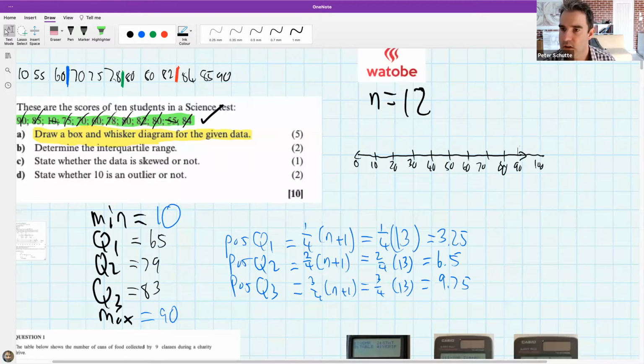So I'm drawing the straight line just so I have a number line to help me. That goes to 90.